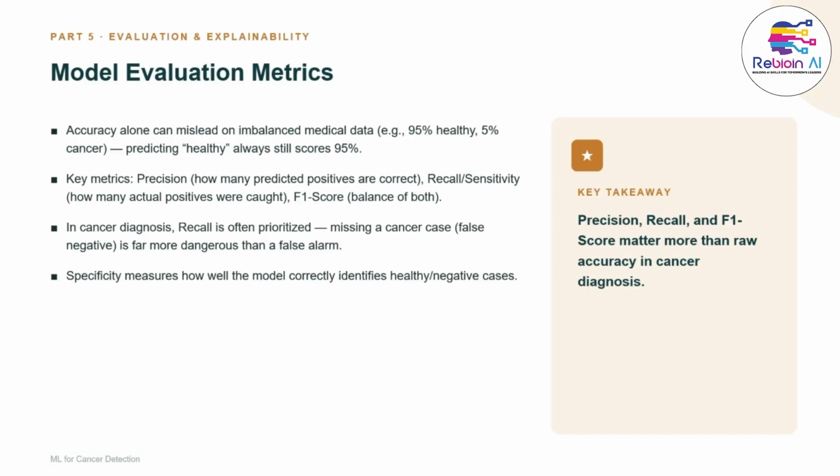We have built several models by now, but how do we know if a model is good or not? The most obvious metric is accuracy, that is, the percentage of predictions the model got right. But there's a trap.